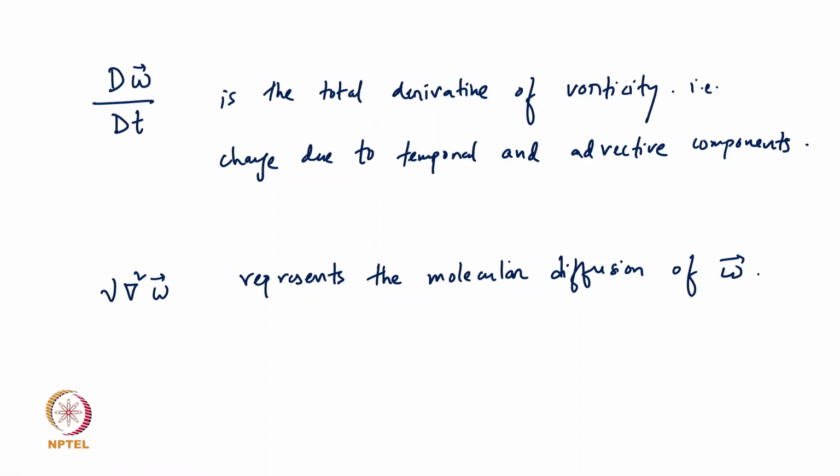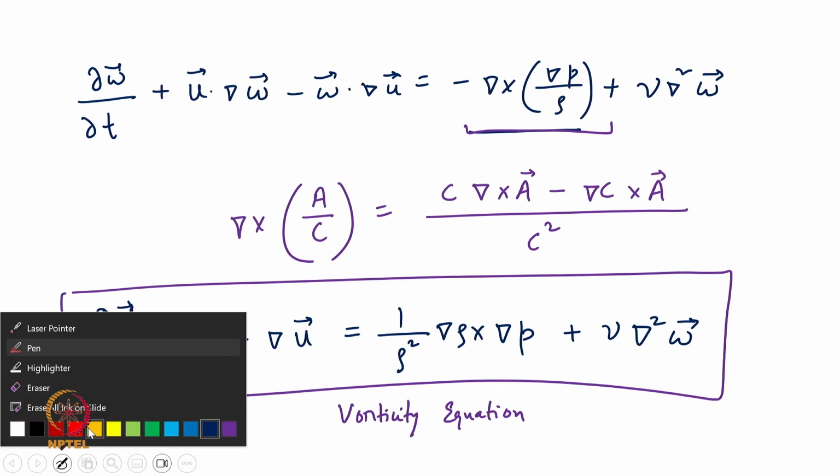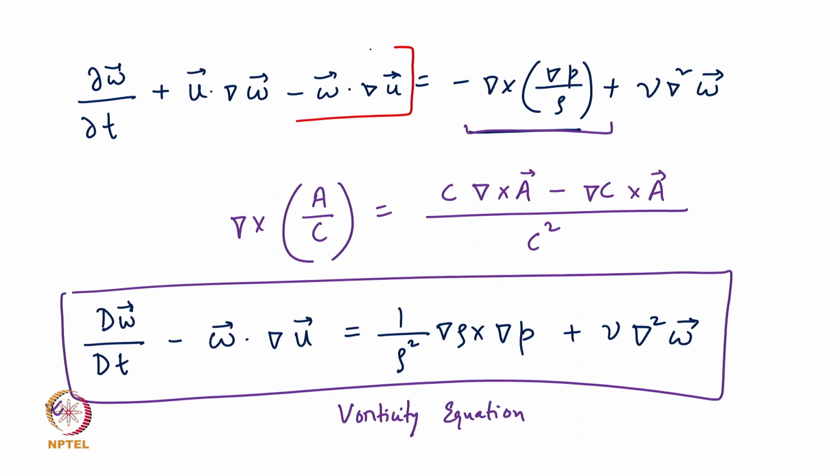This is similar to the molecular diffusion of viscosity. It's exactly the same process, that is viscosity kills the gradient in the vorticity as well as the velocity. So this has an analogy in the momentum equation. The total derivative also has an analogy in the momentum equation. So there are two terms in this vorticity equation which are unfamiliar at this point, and you can of course see which are these two terms.